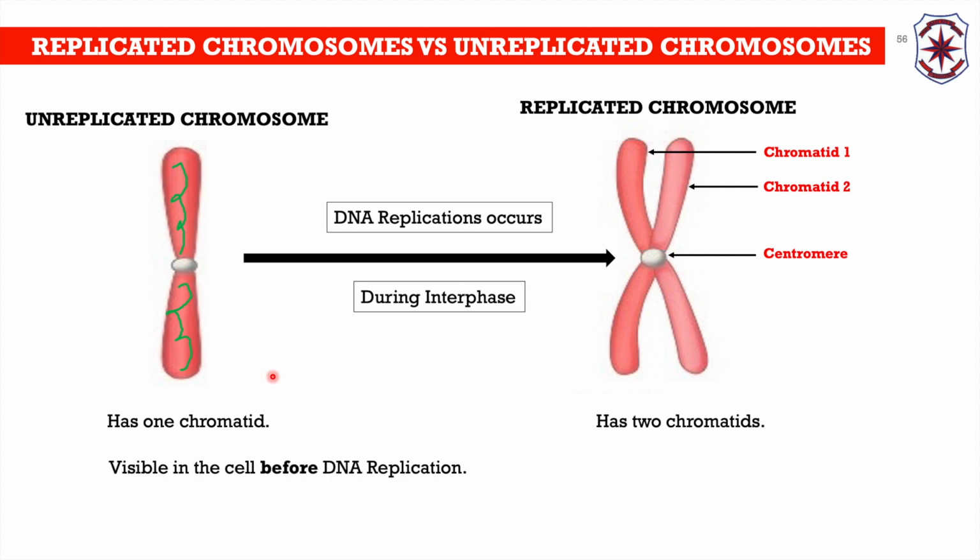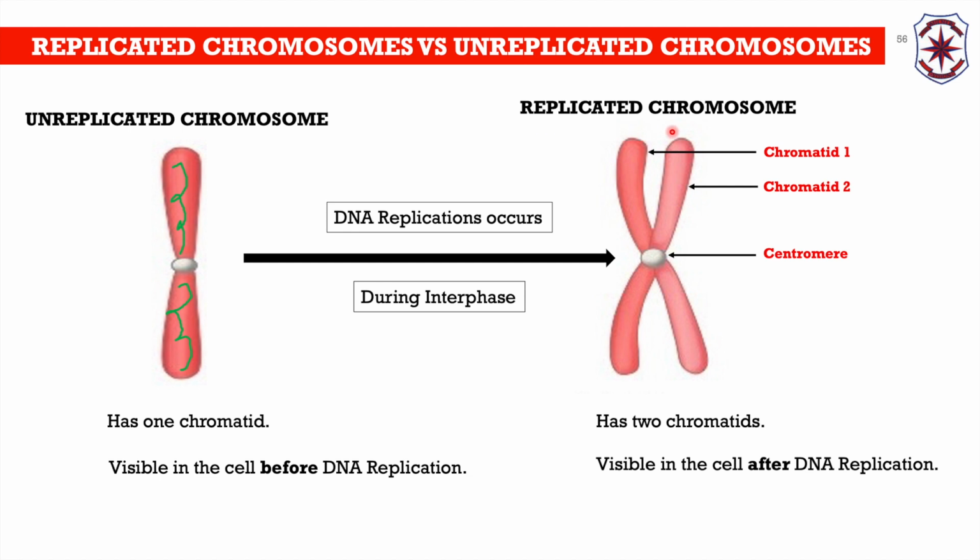Now, chromosomes do not always have two chromatids. They only contain two chromatids after DNA replication. As you can see over there, unreplicated chromosomes are visible within the cell before DNA replication, and replicated chromosomes are visible in the cell after DNA replication. Look at it like this. This makes sense.